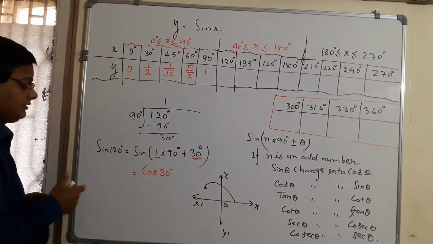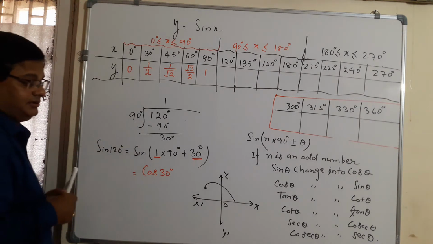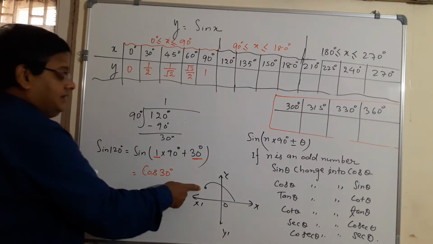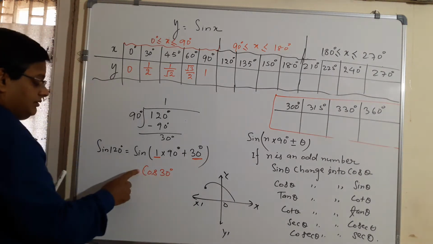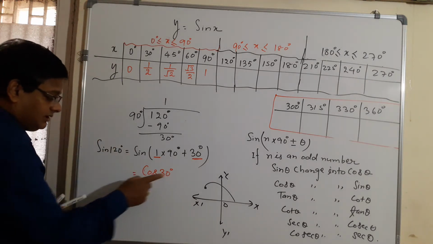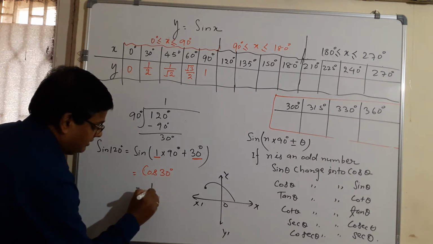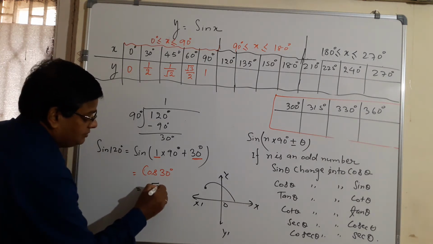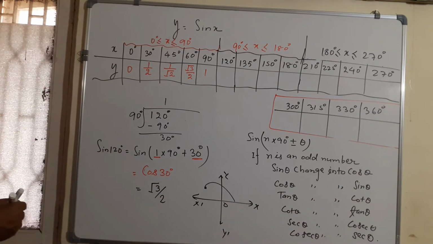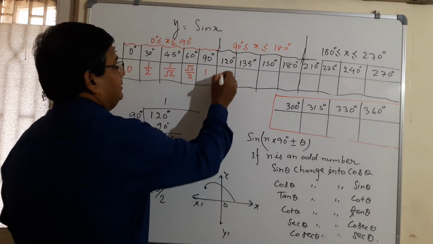And we know that in the second quadrant, sine is positive. So the sign will be positive. So cos 30 degree, how much? Cos 30 degree is root 3 by 2. So you will write here root 3 by 2.